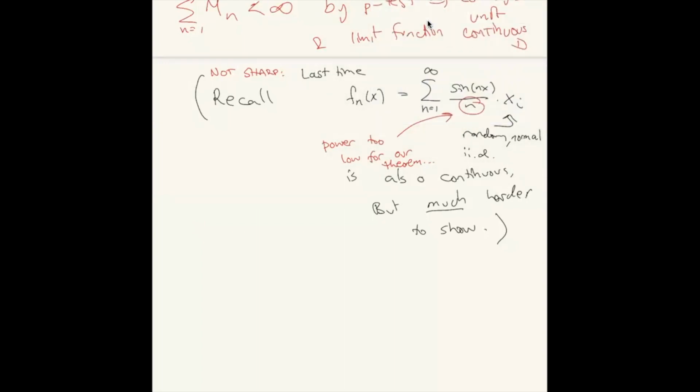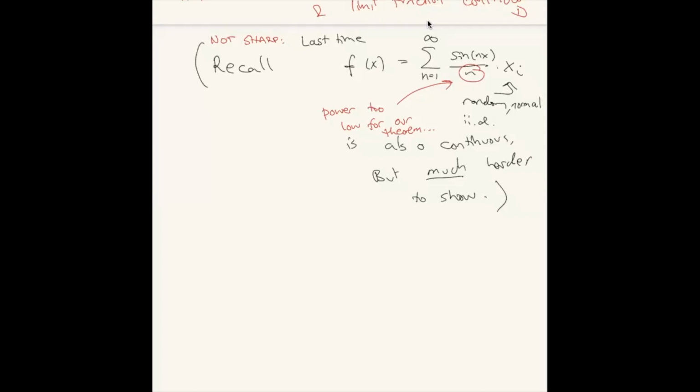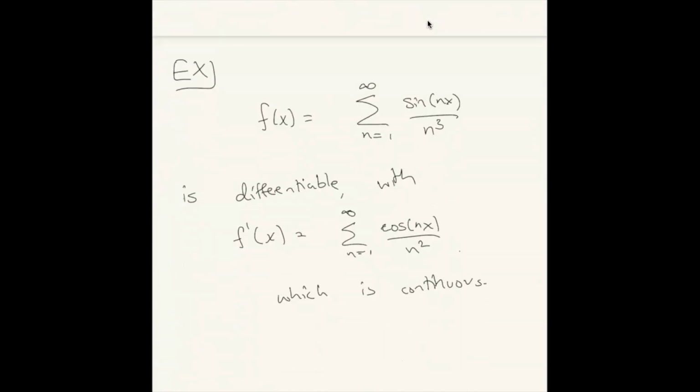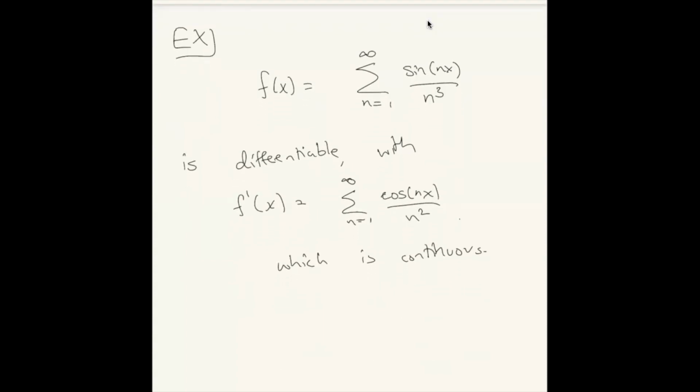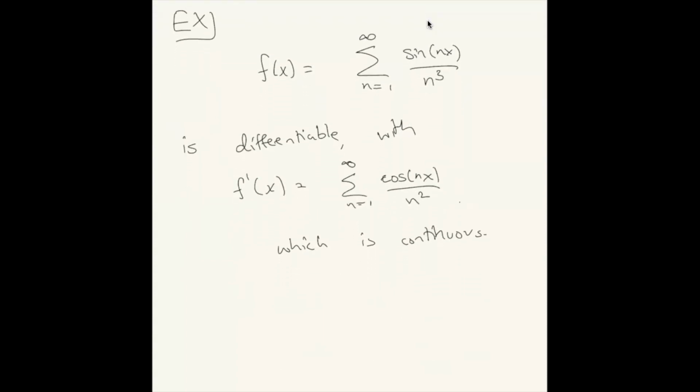The partial sums converge to a continuous function. But that's much harder and way beyond this class. So you could think that the theorem is not sharp. But there are other series and other interesting things that happen. So that's one of the reasons you might be interested in these Fourier series and looking at their convergence.